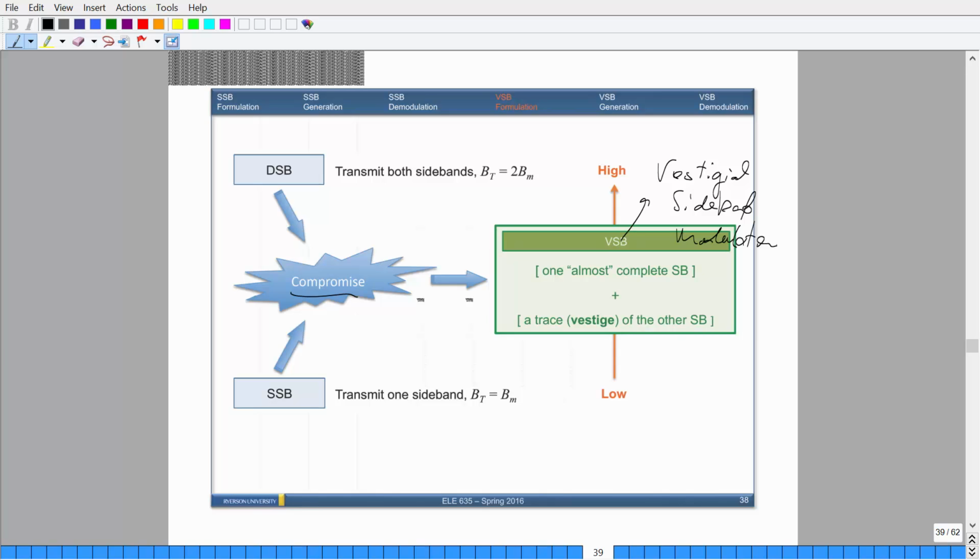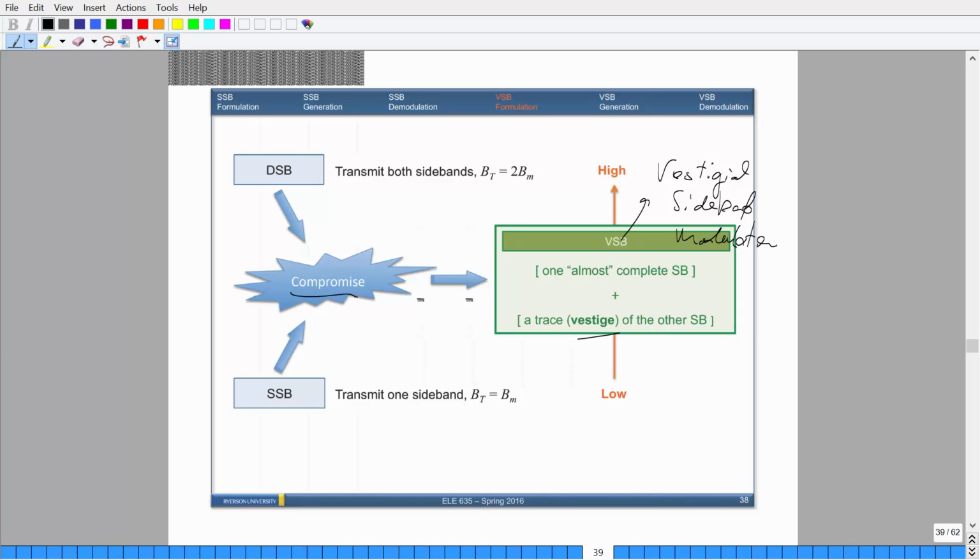You can transmit one sideband almost complete, so there's a little bit of imperfections, and the other sideband you're just going to transmit a little bit of it, or just a trace, what's known as a vestige of it instead. So this comes from a compromise, and this is actually a little more realizable.